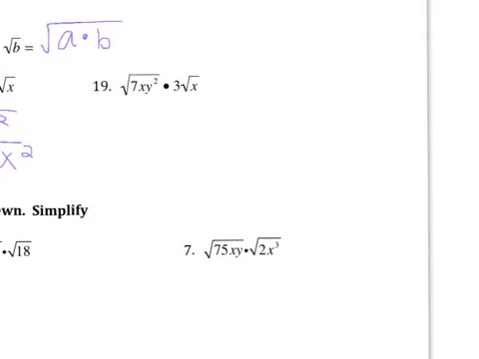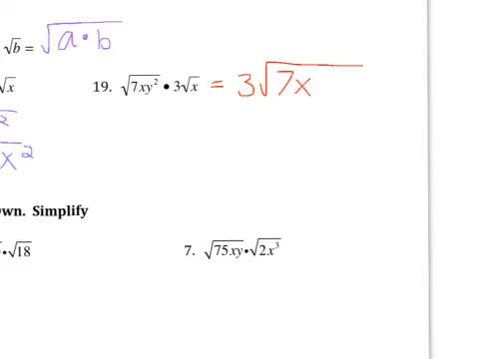Let's take a look at number 19. For 19, we have the square root of 7xy squared times 3 square root x. So that 3 is going to remain on the outside, and on the inside we're going to have 7. x times x is x squared, and then we still have that y squared in there.